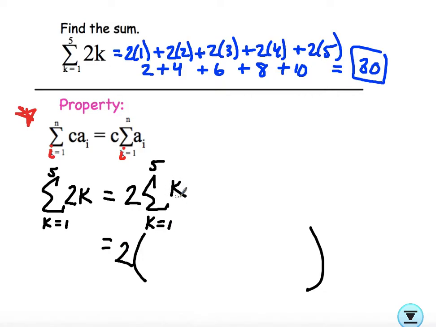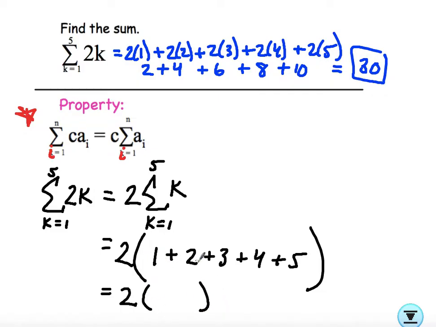So here, all I have to plug anything into is just a k. And I'm going to start by plugging in a 1 for k, then a 2, then a 3, then a 4, then all the way up to a 5. So with my constant of 2 out in front, I can just add the 1, 2, 3, 4, 5 up. And when I add those up, I'm going to get 15.